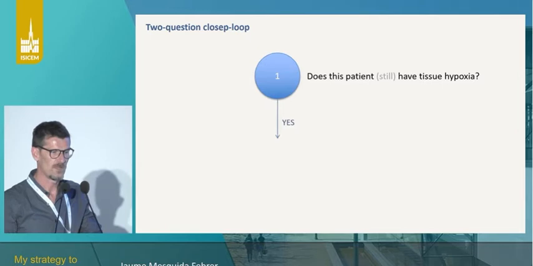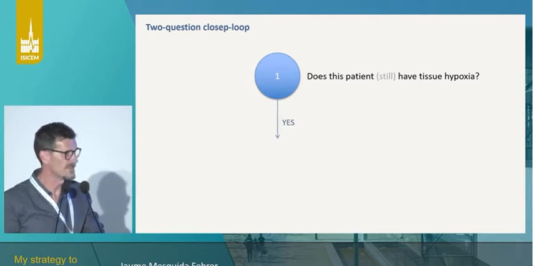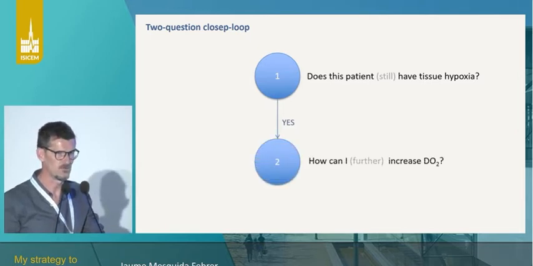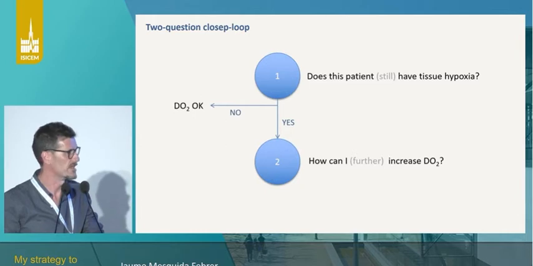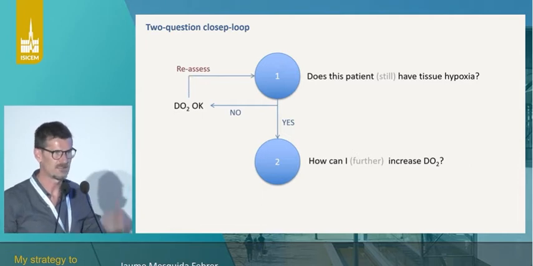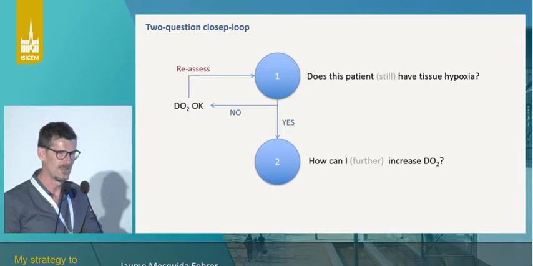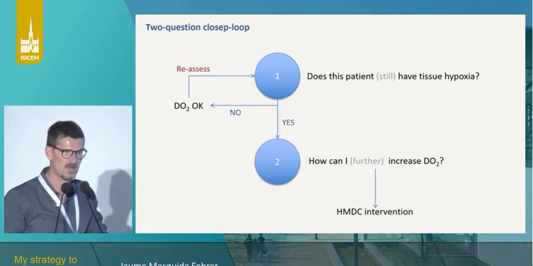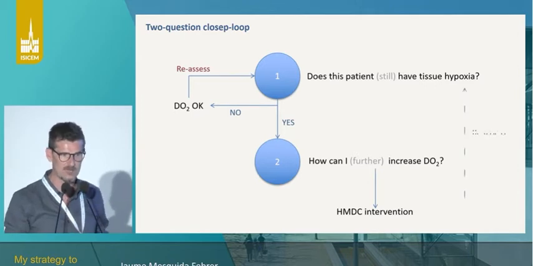If the answer to that question is yes, the second question will be, how can I increase oxygen delivery to the tissues? If the answer is no, I assume the oxygen transport is okay, so I only have to reassess again and again. If the answer was yes and I want to increase oxygen transport, I perform a hemodynamic intervention, and afterwards I reassess and go back to the first stage.